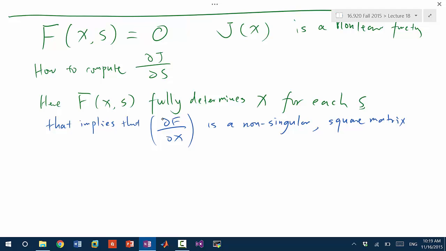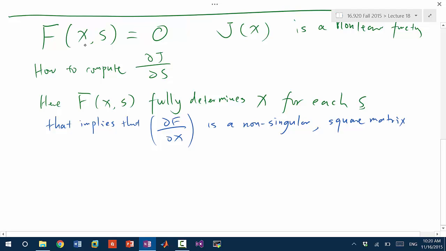All right. So the implicit function theorem says that if I have a nonlinear function f, and around the solution, where f of x and s equals 0, my Jacobian of f with respect to x is non-singular, then in the neighborhood of s, I can change s, and for each s there is a unique solution x that corresponds to the solution of this equation.